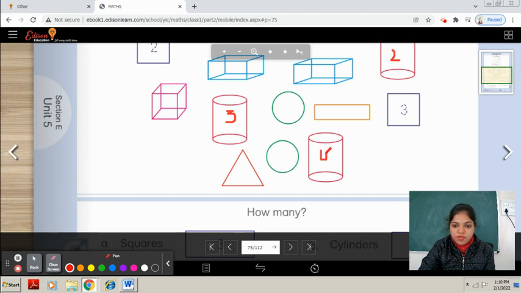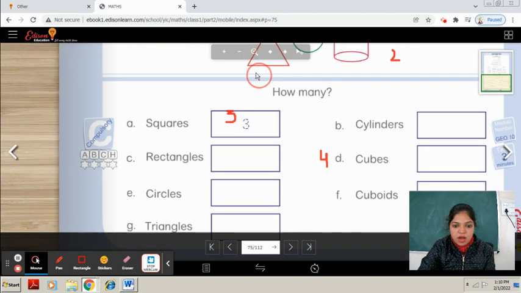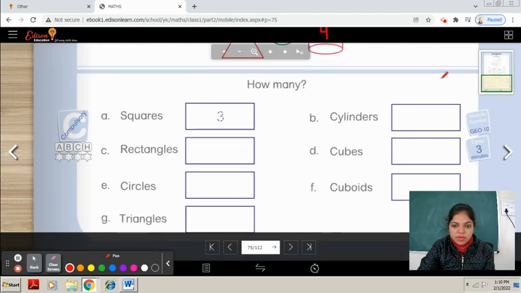There are 4 cylinders, right students? So now we will write 4 in this box. So cylinder is a 3D shape, okay students? And square is a 2D shape, right?